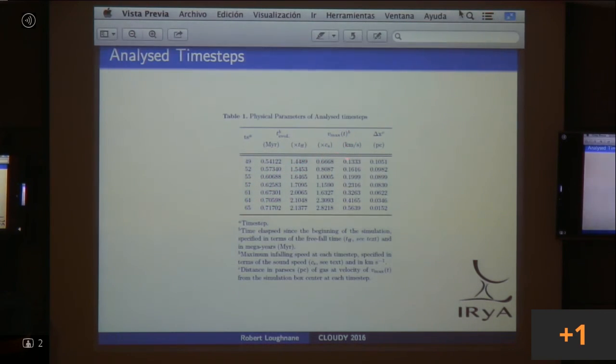We also have the maximum velocity in terms of both the sound speed and kilometers per second. As you can see, at time step 55, we have a supersonic flow, and the position of the maximum velocity gets increasingly closer to the center.